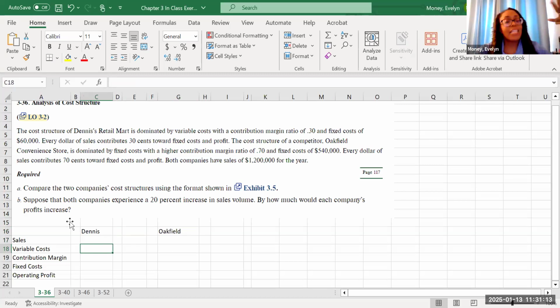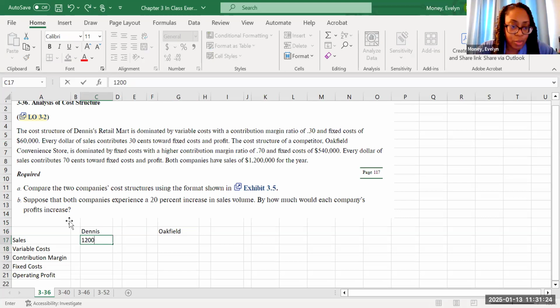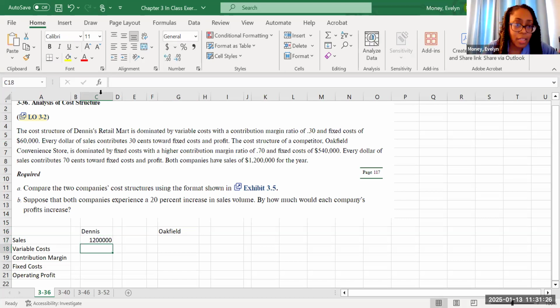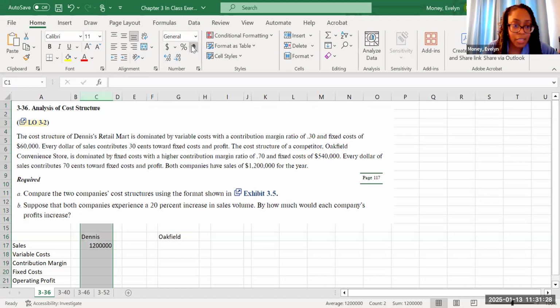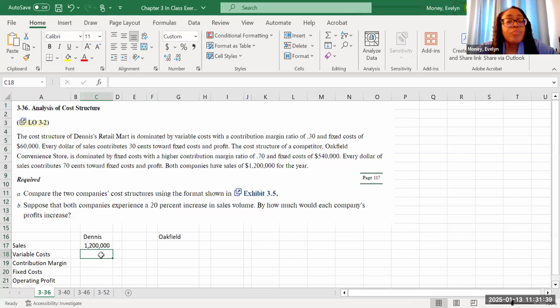Now, for sales, let's just work with Dennis. I know Oakfield has the same amount of sales, but let's just deal with what we know. I know that Dennis Retail Mart has sales of 1.2 million. And this time, I'm definitely going to need commas. There are a lot of zeros. But I don't need pennies. Now, my variable costs are not given to me, and that's okay.